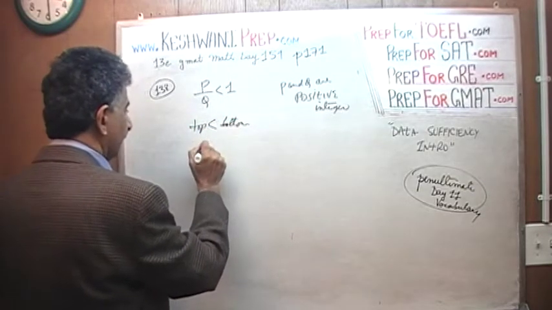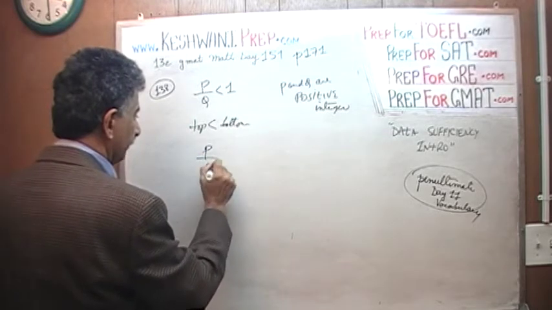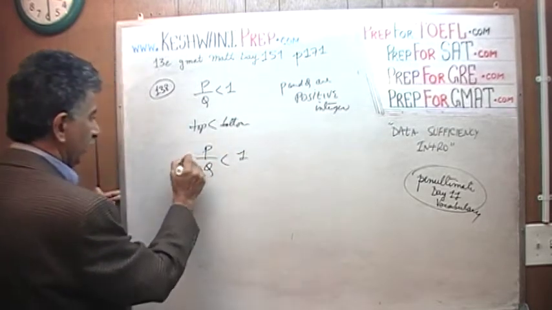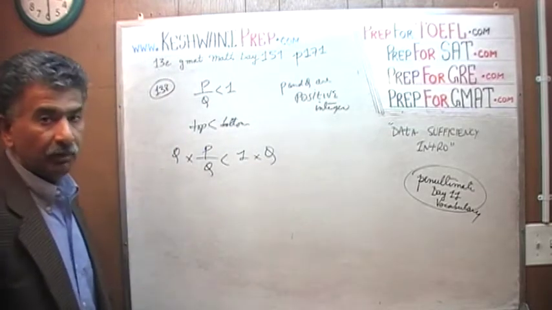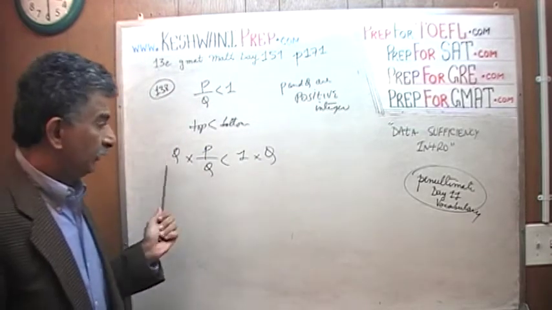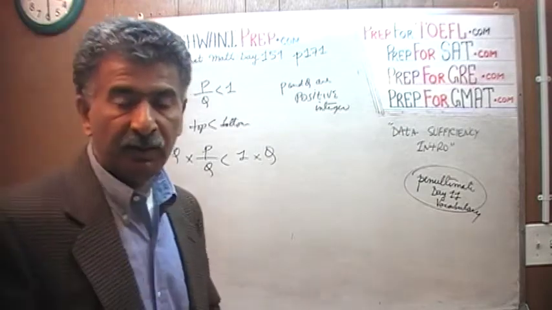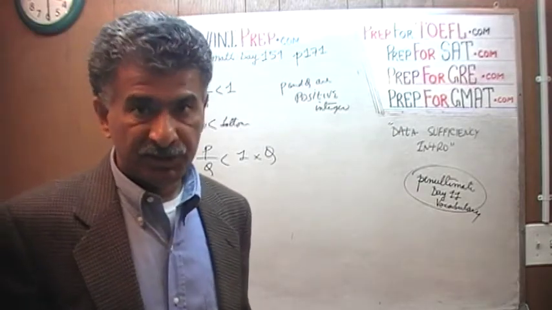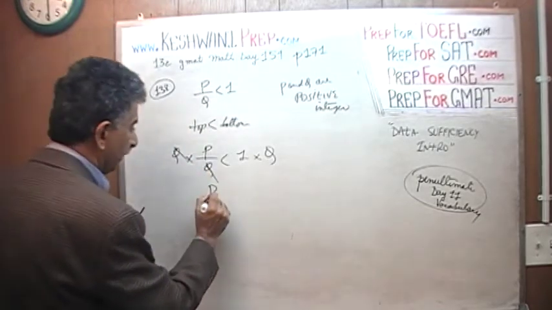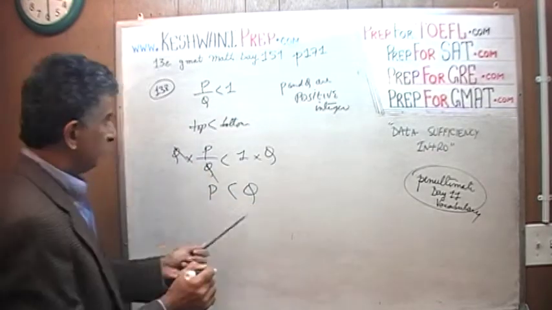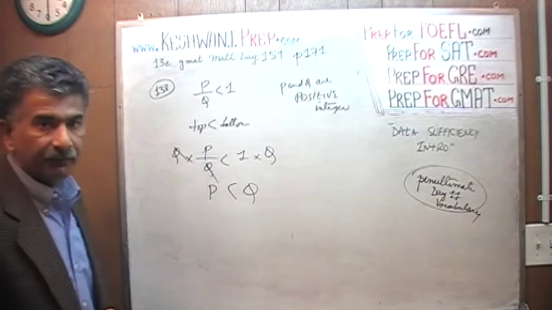In other words, P over Q we are told is less than 1. If we multiply both sides by Q, and we can do that because we are told that Q is positive, we can multiply both sides of the inequality without having to worry about changing the direction of the inequality. And if we were to do that, Q drops out, and what we end up with is that P is less than Q. Top is less than the bottom.